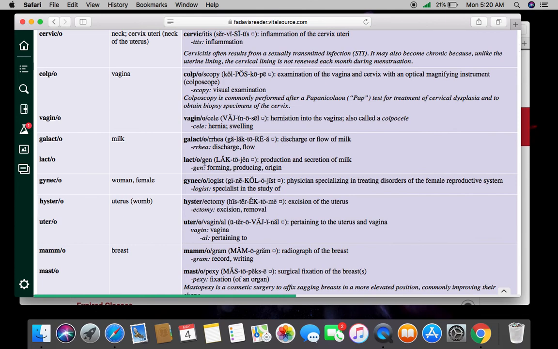Galactorrhea: rhea, abnormal flow or discharge; galact, milk, right? And lactogen, gen is forming or producing milk. So lactogen is anything, any hormone, that signals milk production.